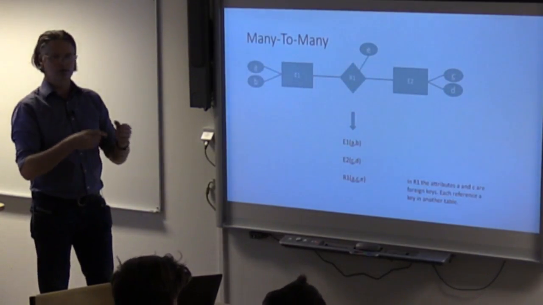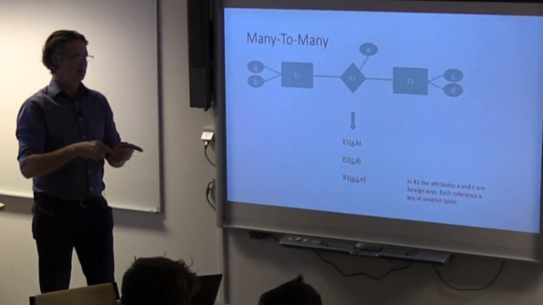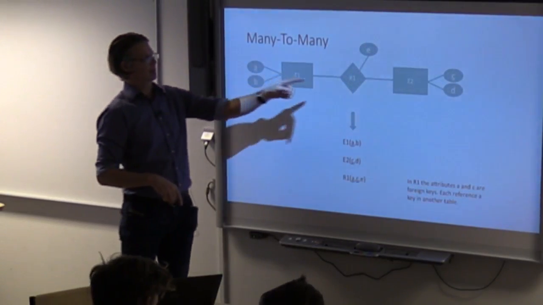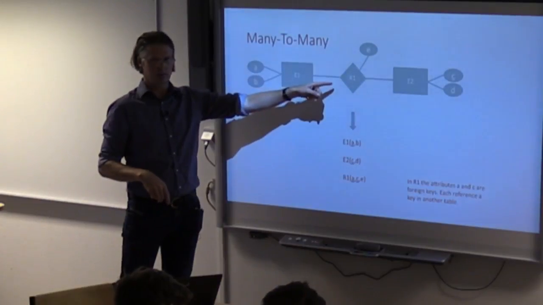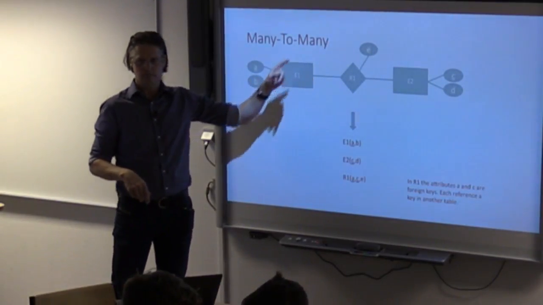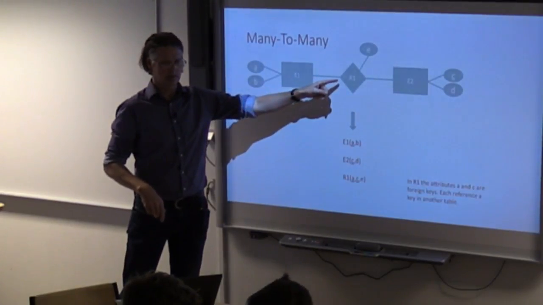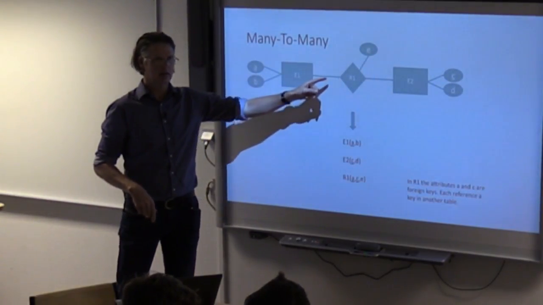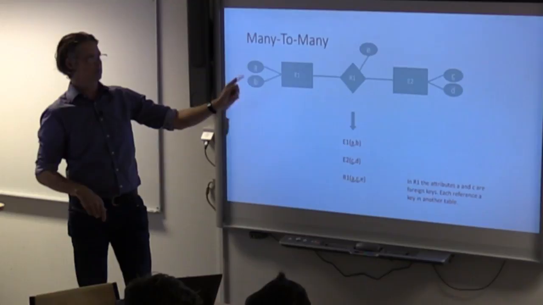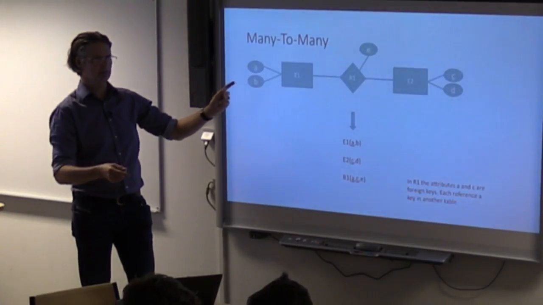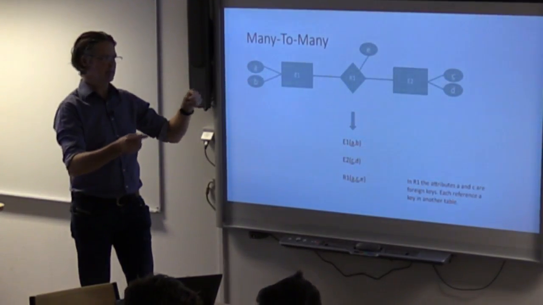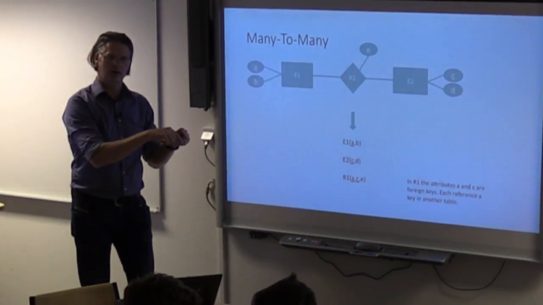So how do you create that many-to-many? If you have a look at the relation R1, which has an attribute E, we actually create a table of that R1. And we pick the keys from both E1 and E2 and move it into the new table named R1.